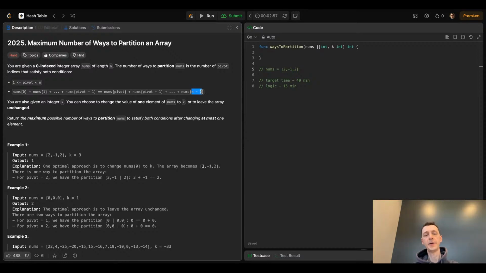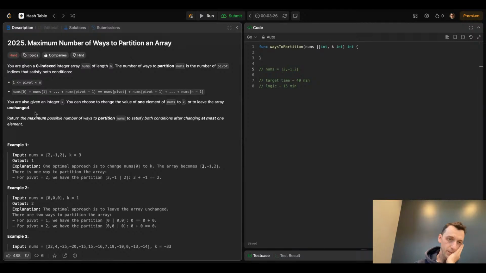So the pivot and everything to the right has to have the same total sum as everything before it. So how many pivots like that?